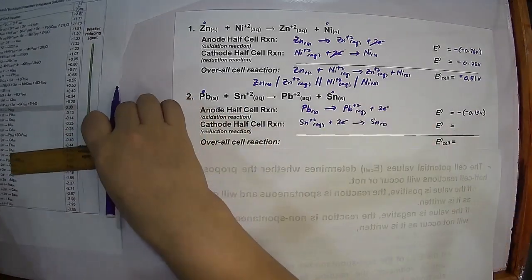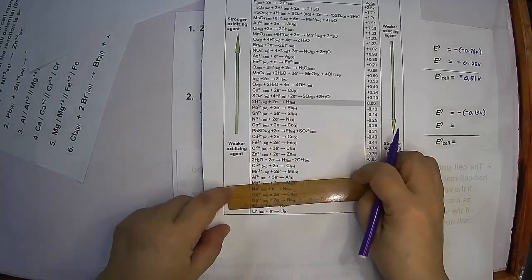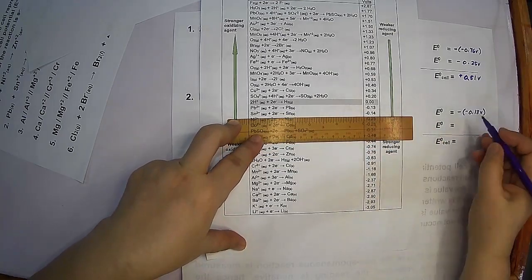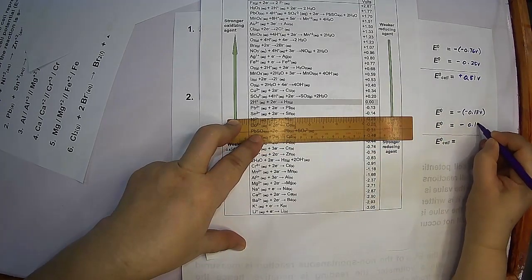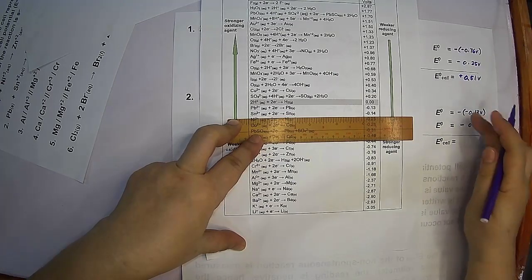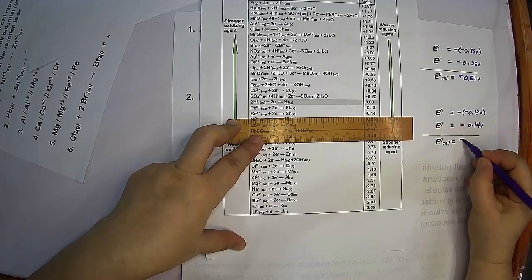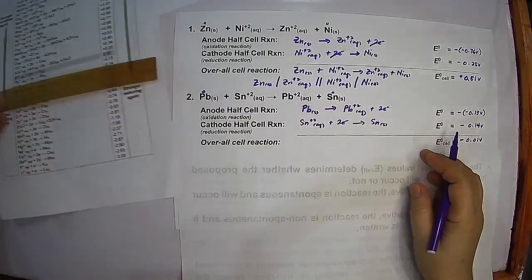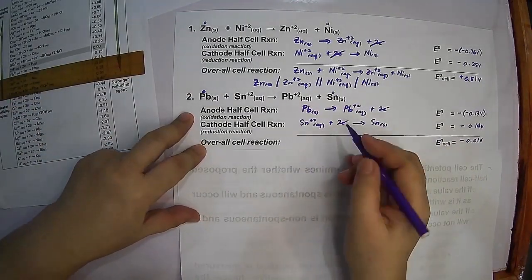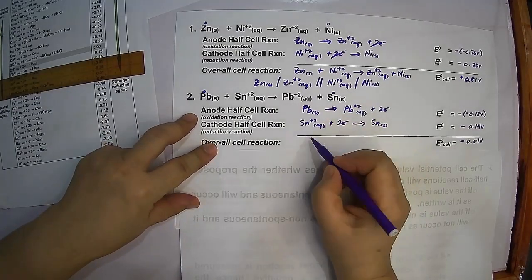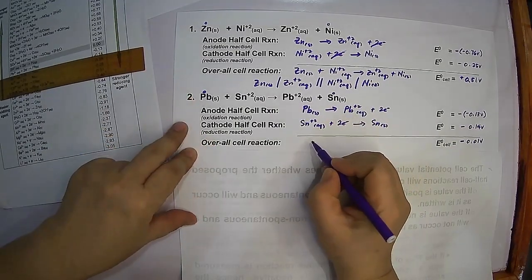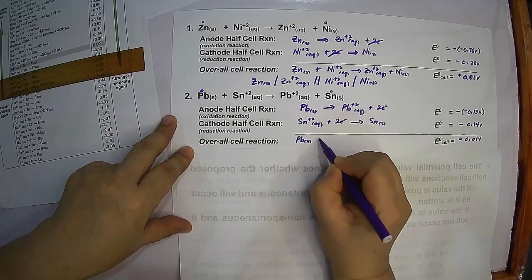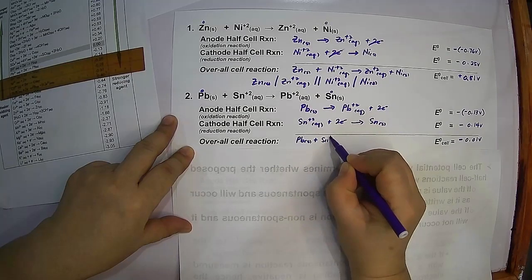Referring again to your reduction potential table, that is negative 0.14 volts. So if you take the sum, that is negative 0.01 volt. So the sum of the two half cell reactions would be the overall cell reaction, which is given as well.